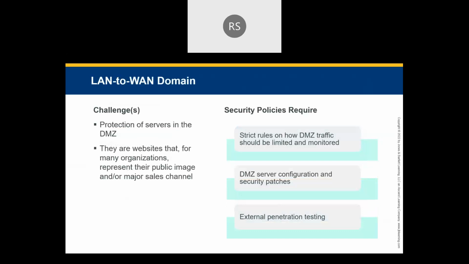So, in the LAN to WAN domain, the primary challenge revolves around the protection of servers located in the DMZ. These servers often host websites that serve as the public image or major sales channel for organizations. So it's crucial to establish robust security policies to mitigate risk and safeguard the DMZ servers effectively.